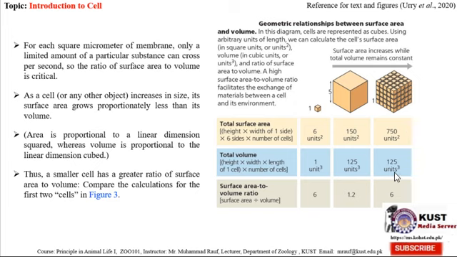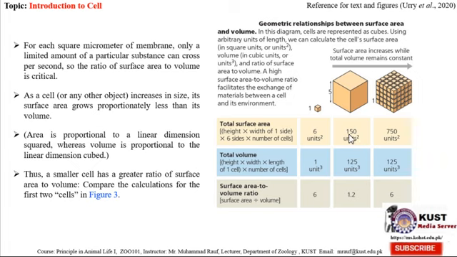Now the important thing, the surface area to volume ratio. So how will it be calculated? You will have to divide the surface area by volume. So here we get 6. You write the surface area in the numerator and then divide it by the total volume, which is written in the denominator, and then you will get 6.